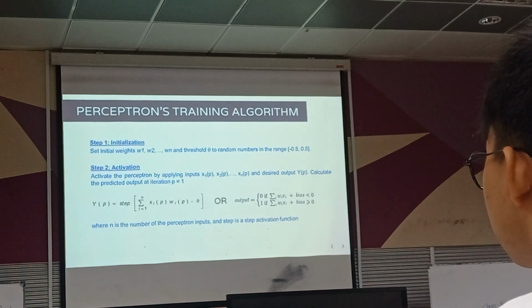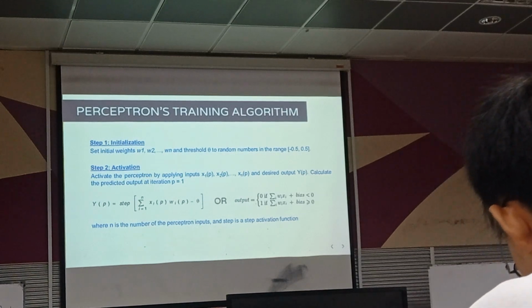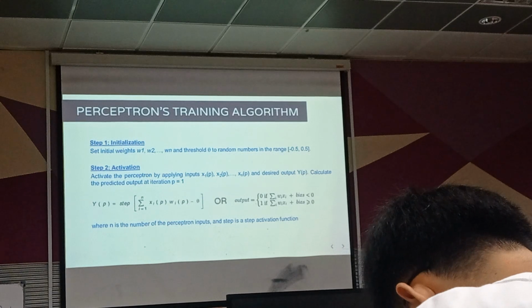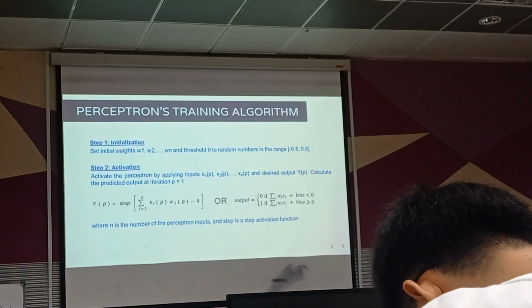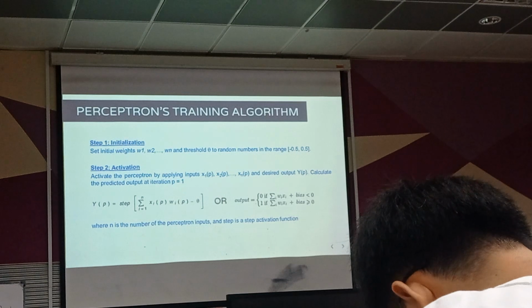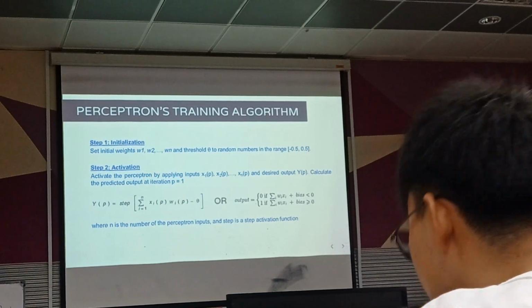Just like just now, we have some value for x1, let's say in this case 1, and then maybe 0. Let's say you have some data set here: 1, 1, 1, 0, 0, 1, and so on. So we take this one, 1, 1, multiply by W1. During the training process, in step 1, initialization, we set the initial weights to some random numbers.